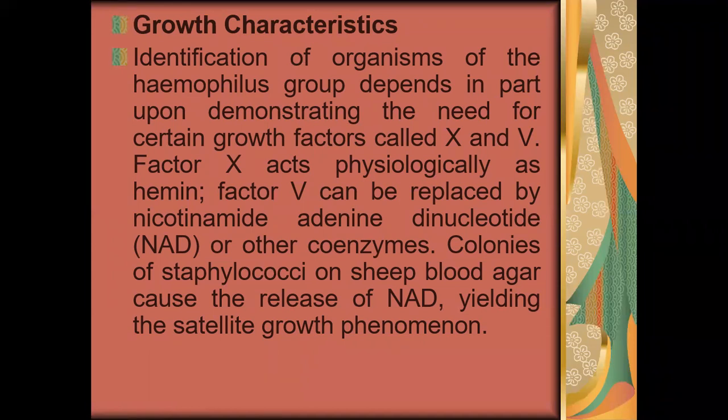The first factor is X and V. Factor X is physiologically heme, and factor V can be replaced by nicotinamide adenine dinucleotide, or NAD, or other coenzymes. These two factors, heme and NAD, should be present in the media used for cultivation of Haemophilus influenzae type B. Because staphylococci are able to hemolyze blood on blood agar, which leads to liberation of heme from the RBCs, and release extracellular NAD into the environment, this leads to development of the satellite growth phenomenon.